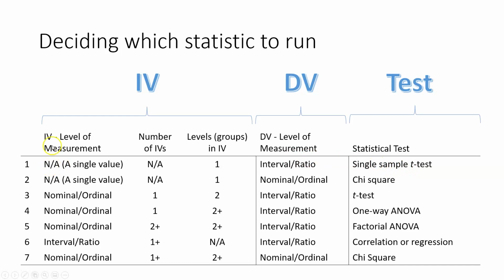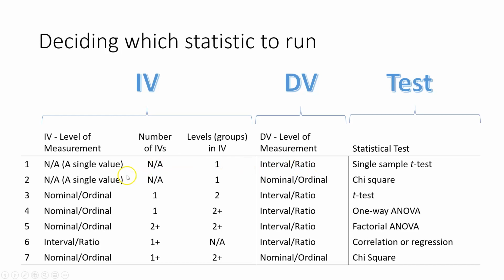So knowing that, we can then work backwards and kind of say that if we had an independent variable that was a single value, that means we have one group we've drawn and we've given some kind of treatment to, and we're comparing that one group and their interval ratio dependent variable of IQ against the population parameter.